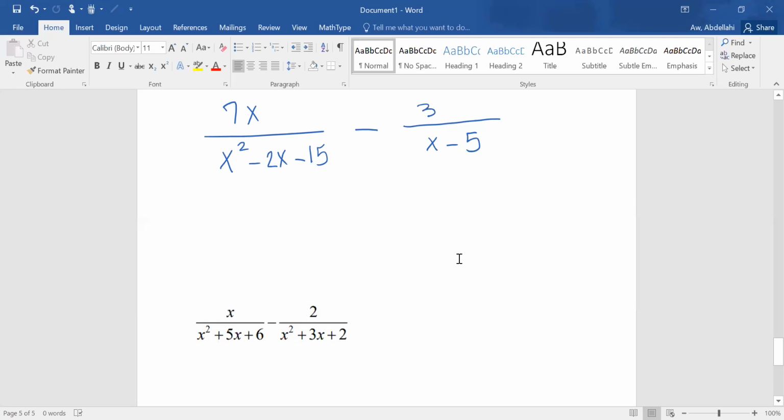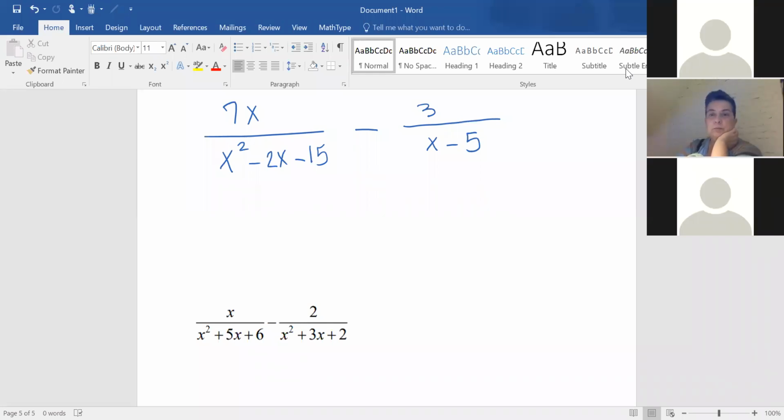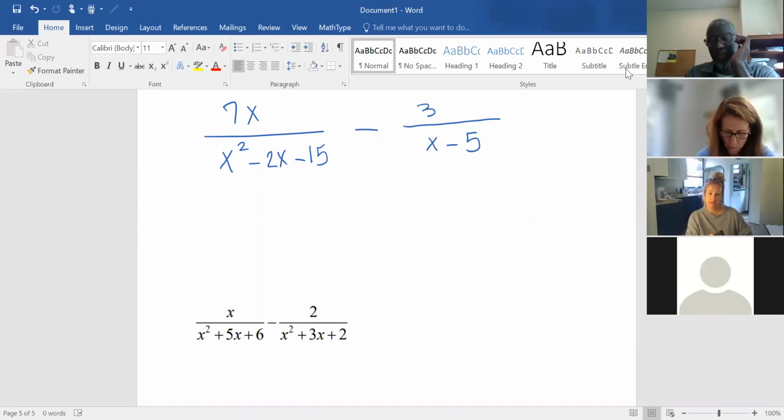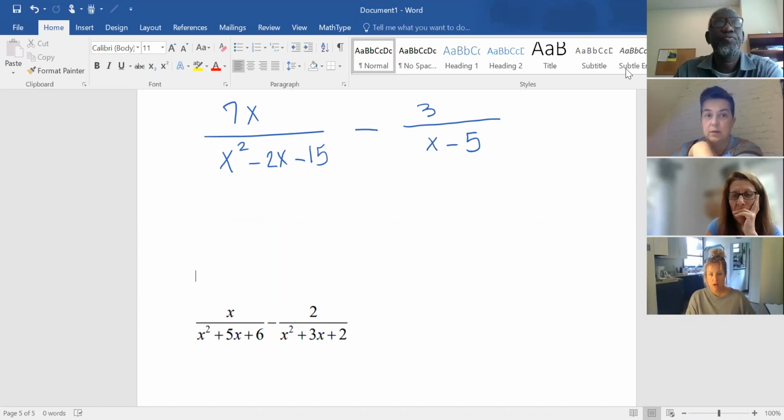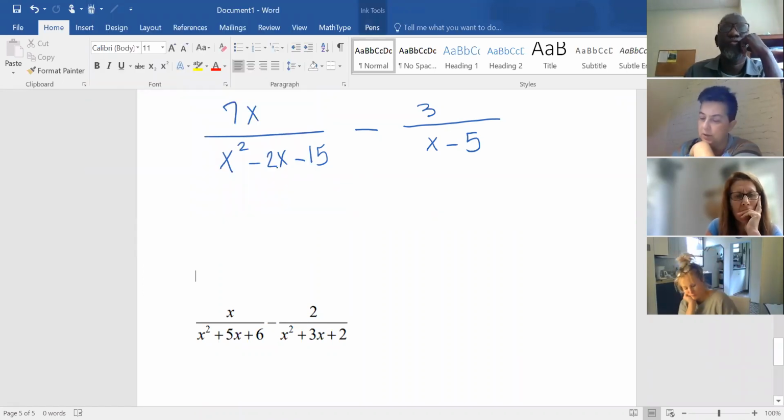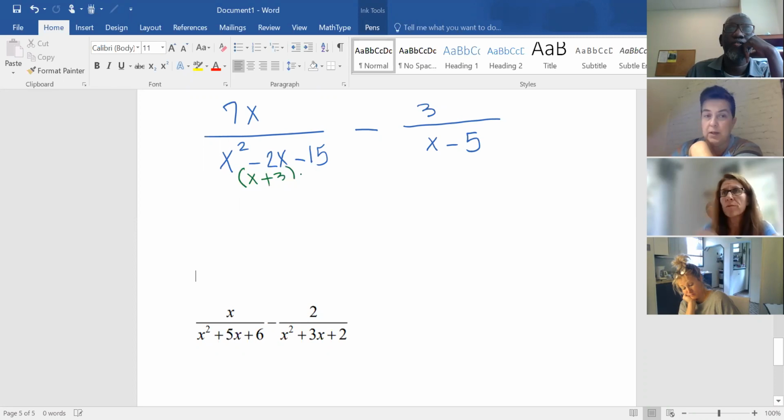All right, so let's see. What do you think about the first one? Somebody go ahead. I can do it. The 7x, the x squared minus 2x minus 15, put that into the groups, which would be x plus 3 times x minus 5.